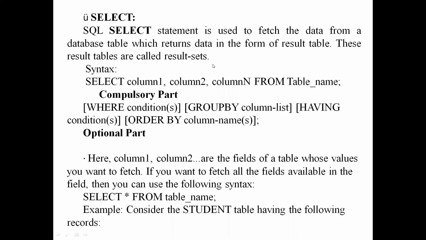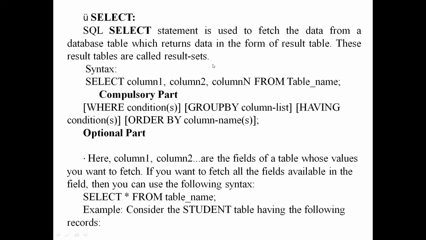It means this can be used for two purposes: getting particular column values, or getting all the columns or fields of the table. The syntax for that is: select space asterisk space from table name semicolon.